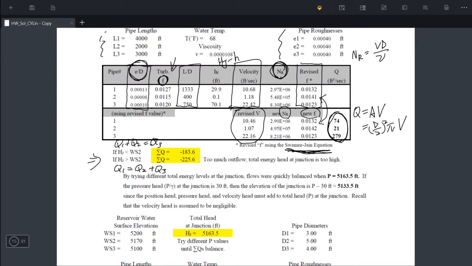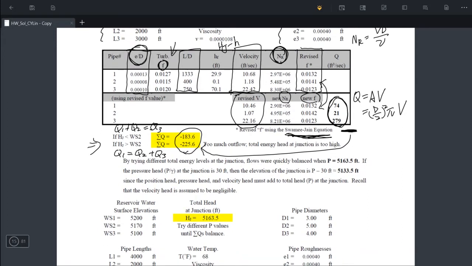And we examine the flow rate that we calculate here to check whether under any case the mass balance equation can be satisfied. But as you can see here, under both conditions, we have a negative value in the summation of the flow rate. So that means the total energy head at the junction is too high. So we need to revise it.